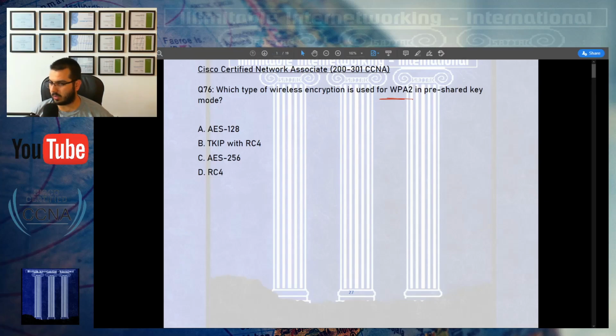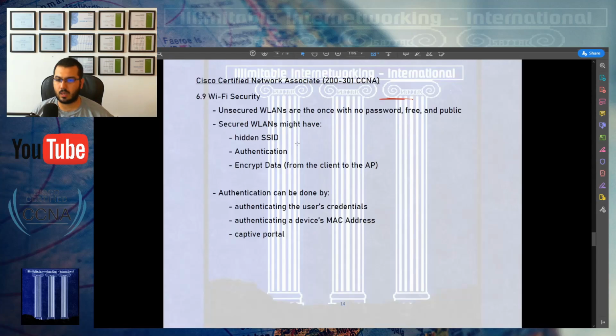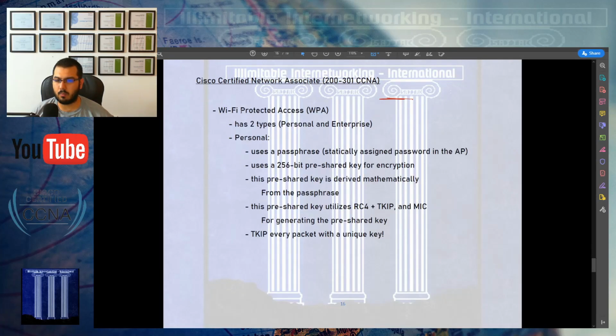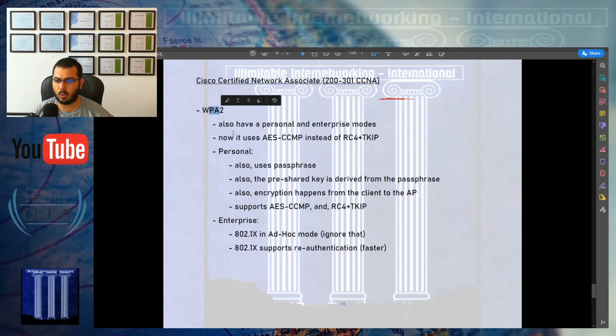Wi-Fi security. WPA2 used 256 and RC4 plus TKIP. WPA1, I'm sorry, WPA2 used AES with CCMP instead of RC4 plus TKIP, but RC4 and TKIP are still supported. But this is the new one, AES plus, I'm sorry, CCMP.